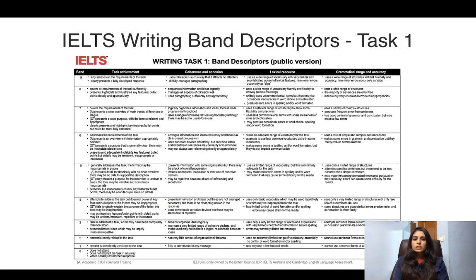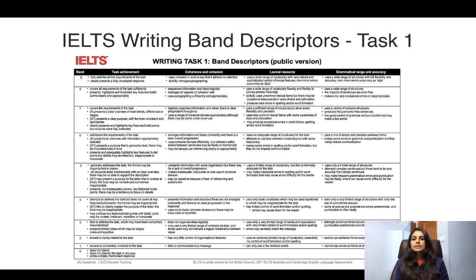This is for task 1, and what do they check in your task 1? Let's see what the band 9 descriptor says. Task achievement: fully satisfies all the requirements of the task, clearly presents a fully developed response. In your letter, there are 3 bullet points given to you, and you have to cater to each and every bullet point.